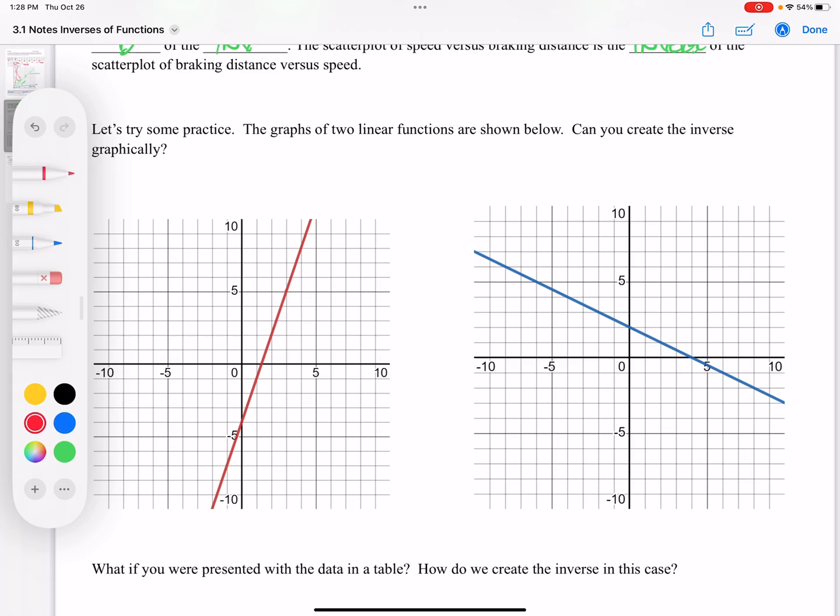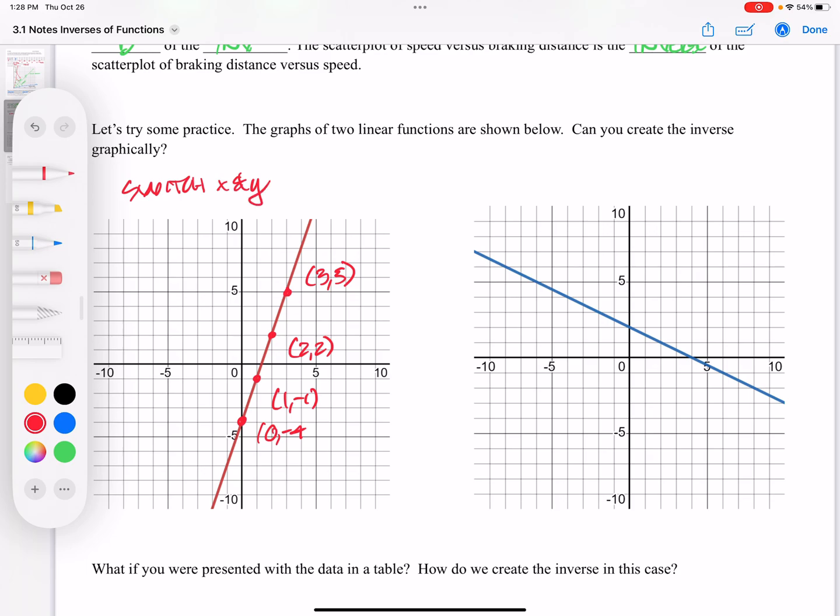The first one involves identifying points. So let's pick some points on the graph where it hits the grid and label them. This is 3, 5. This is 2, 2. This is 1, -1, and 0, -4. All we're going to do is switch x and y.